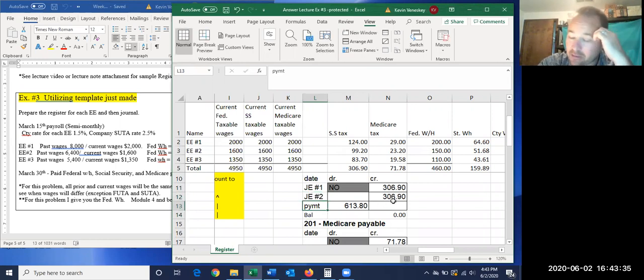And then I probably would have had a balance here. I don't think I'm going to do that in this video. I don't want to take up more time. My balance would have said $613.80. And then I make a payment of $613.80 when March 30th comes around. And then I'm left with nothing that I owe once I make that payment.